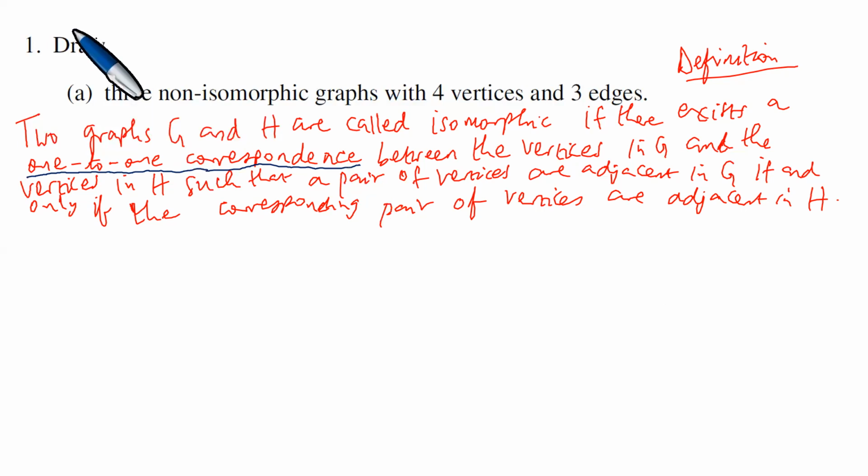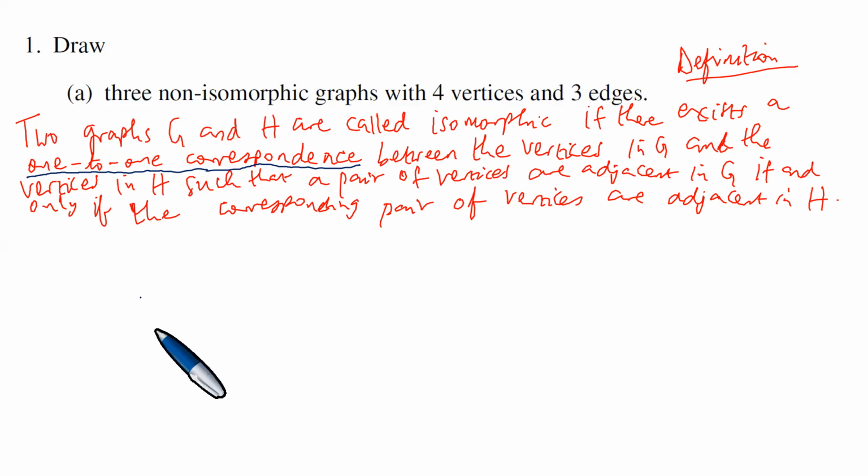Now in this question, we need to draw three non-isomorphic graphs. These are the basic questions I'm beginning with on graph theory. Three non-isomorphic graphs with four vertices and three edges. What kinds of graphs are these and how can they be drawn? We reason.